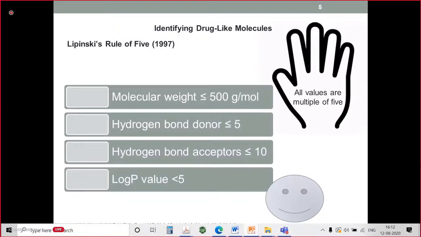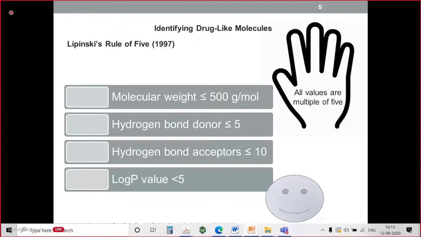Lipinski suggested that maybe not all parameters are fulfilled by a particular molecule, because in the literature we can see many molecules with a molecular weight of more than 500 Dalton that are also drug molecules, like most antibiotics, certain antibodies, or different proteins.